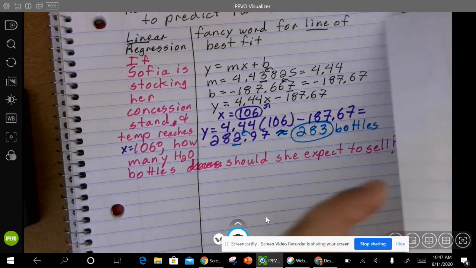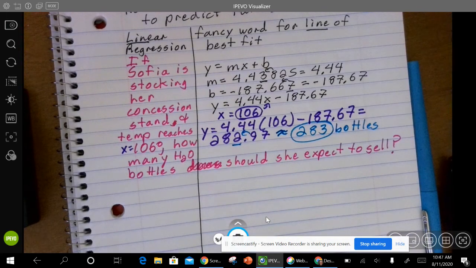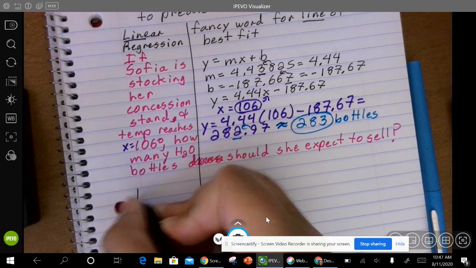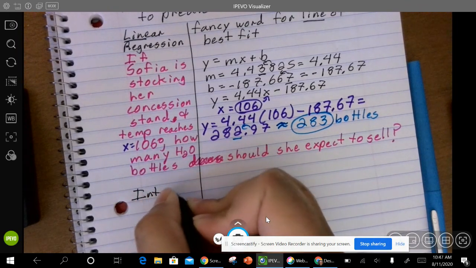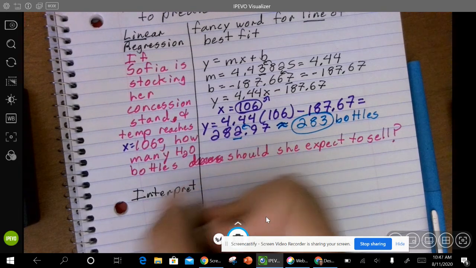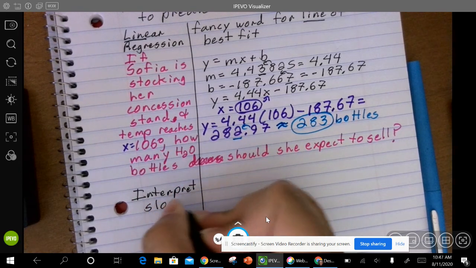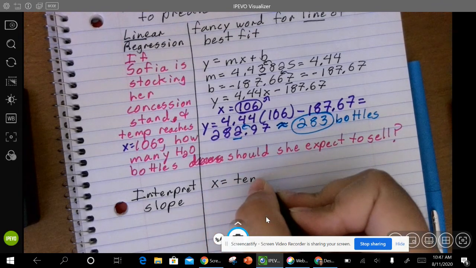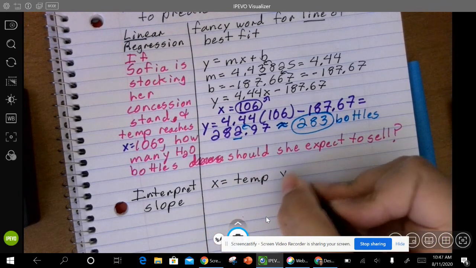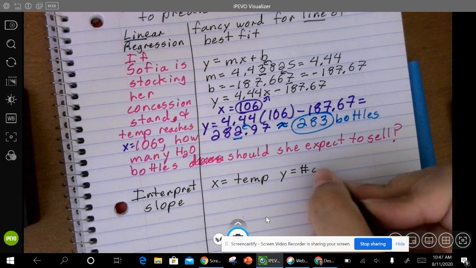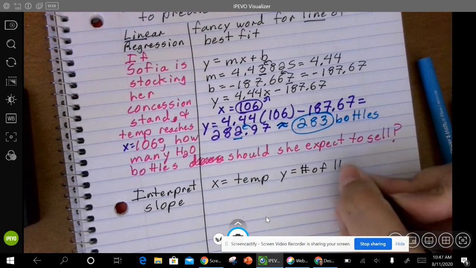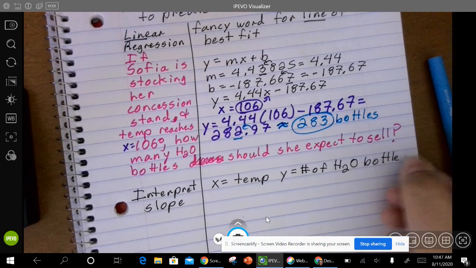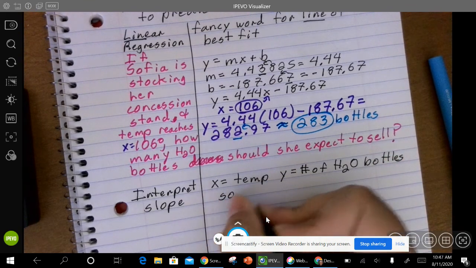Okay, so next part, everybody, is we're looking at slope. So our m value, well, what does it mean? We're going to look at interpreting slope. X is the daily temperature, and Y is the number of water bottles sold.